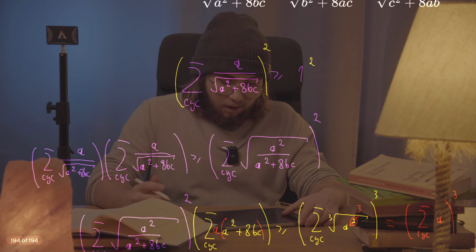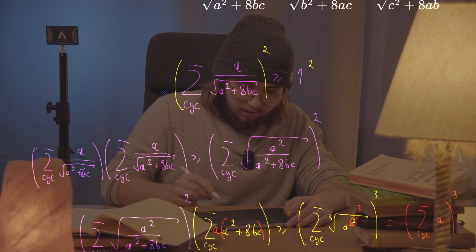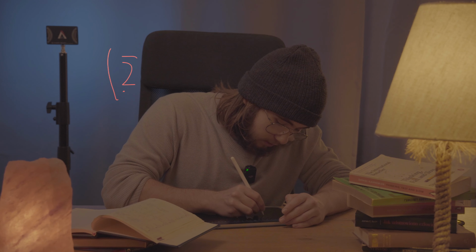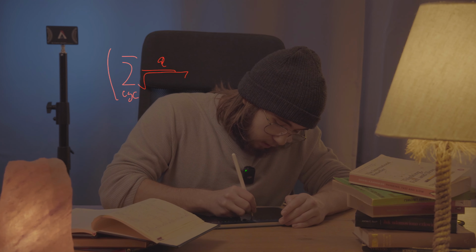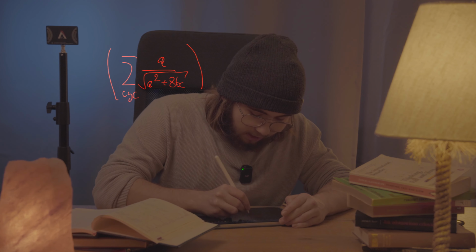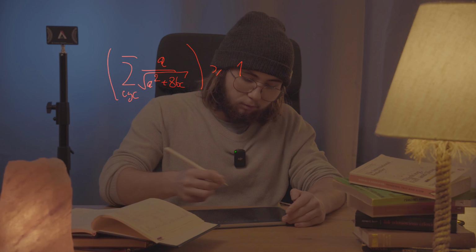So I can do it. I can now just sum everything up. I'm going to rewrite my original problem right here. It was the cyclic sum of a over a squared plus 8bc, and it was supposed to be greater than or equal to 1. So now I would like to square both sides.